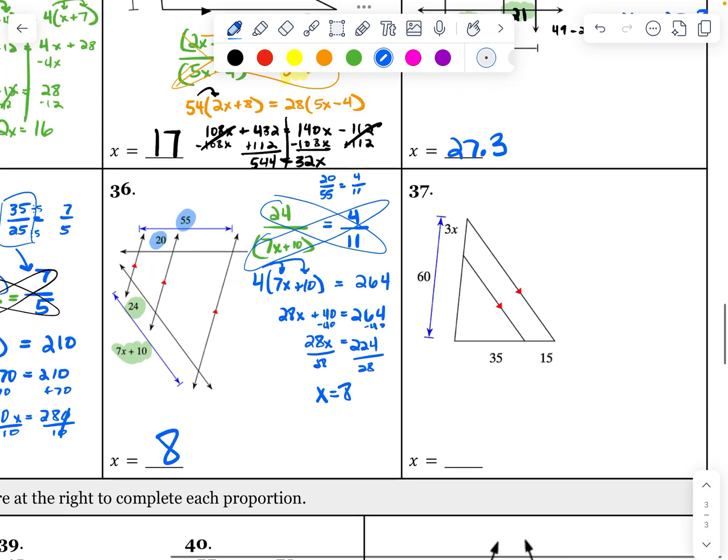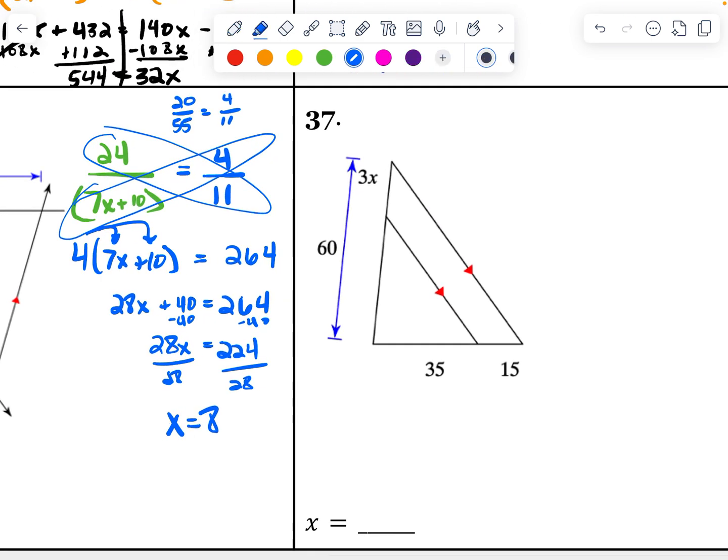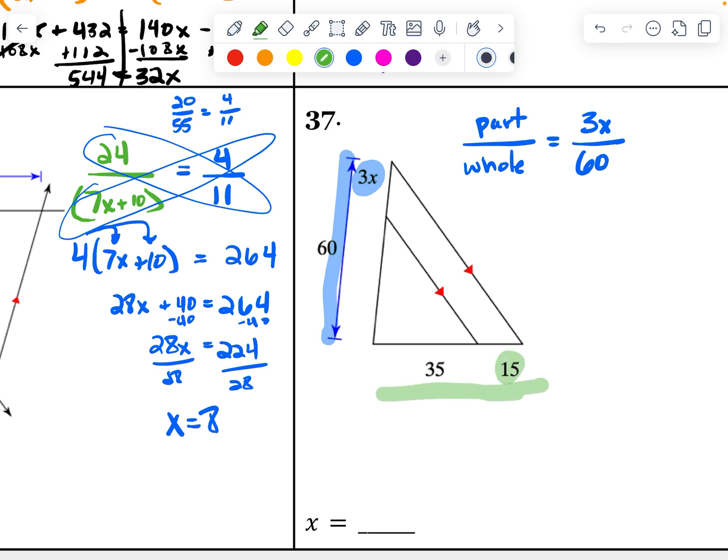All right, same thing. We're going to go part to whole on this one. Because this is a part and a whole, I could use some subtraction to figure out the part, but why, right? So if I make it part over whole, then I'm going to go part over whole. And I'm also going to do part over whatever this whole is, right?